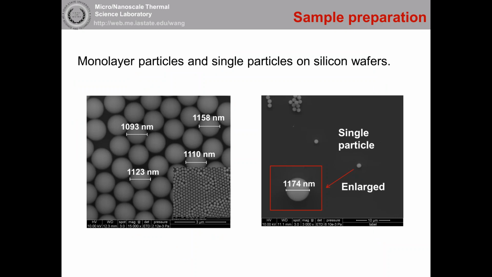We use different size particles. The biggest one we use is around 1.2 micron. The company told us it is 1.2 micron, but the real size varies between 1 point something and 1.2. That's okay, because we can measure the size precisely, then use them. The particles are silicon dioxide, and we put them on silicon wafers.